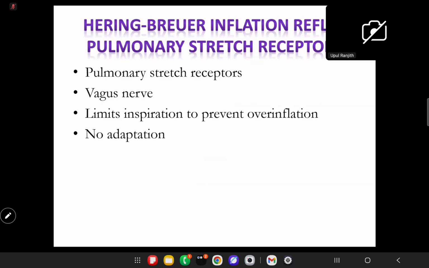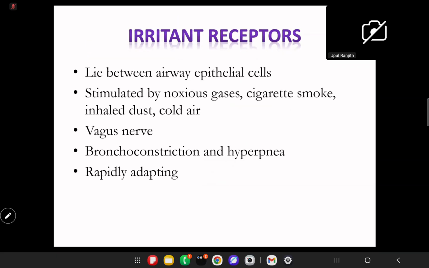The pulmonary stretch receptors and the vagus nerve limit the inspiration. So this is the Hering-Breuer inflation reflex, or pulmonary stretch receptors. This will limit over-inflation of the lungs, and there is no adaptation, right? So that will protect your lung, in fact.